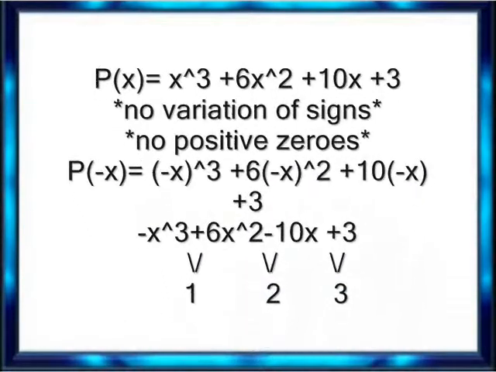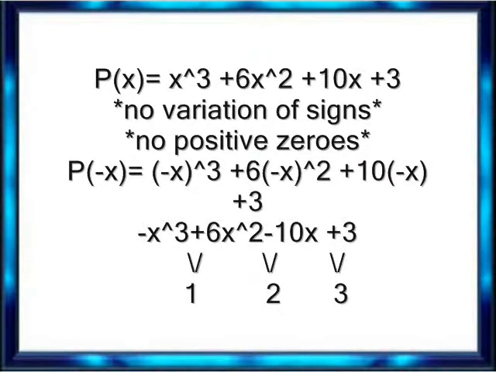Applying Descartes' rule, P of x equals x cubed plus 6x squared plus 10x plus 3. Remember that there is no variation of signs and no positive zeros. Let us now substitute negative x for x. So it will become P of negative x equals negative x raised to 3 plus 6 times the quantity of negative x raised to 2 plus 10 times the quantity of negative x plus 3.